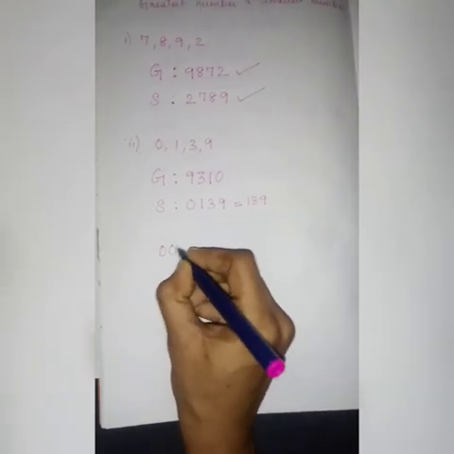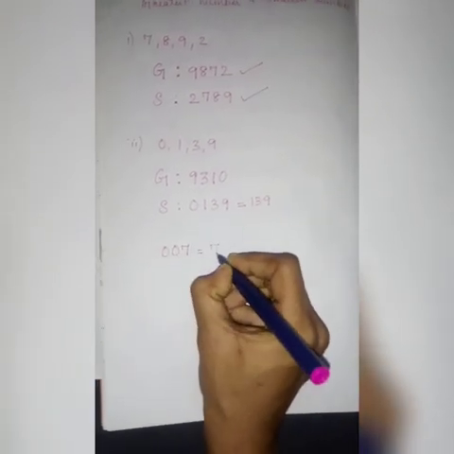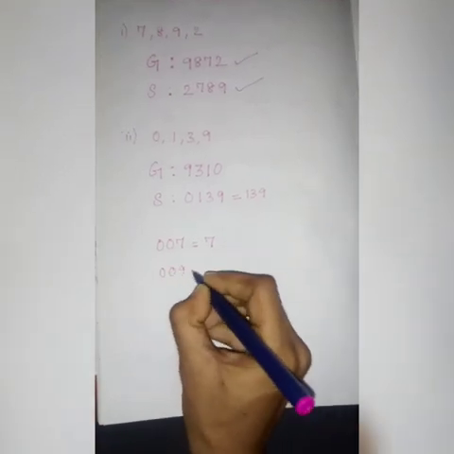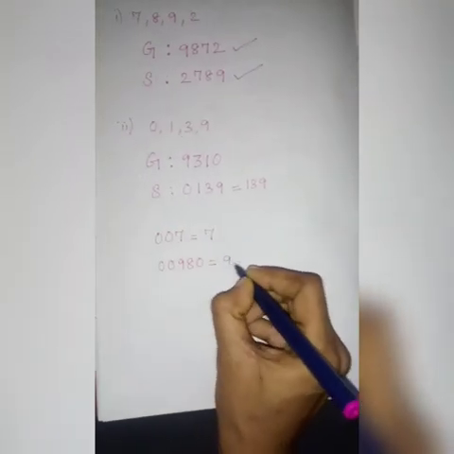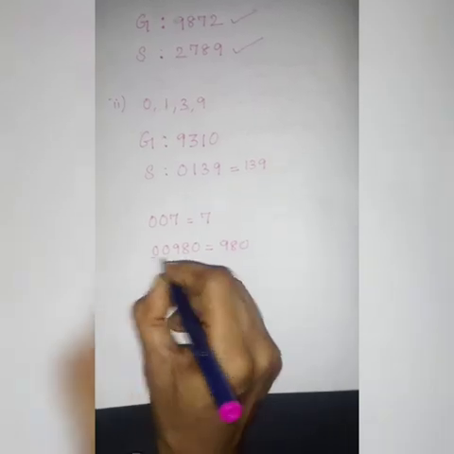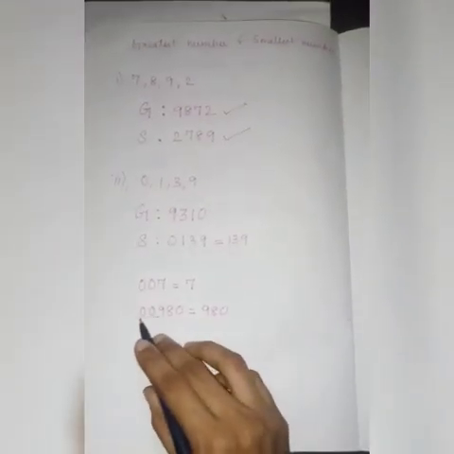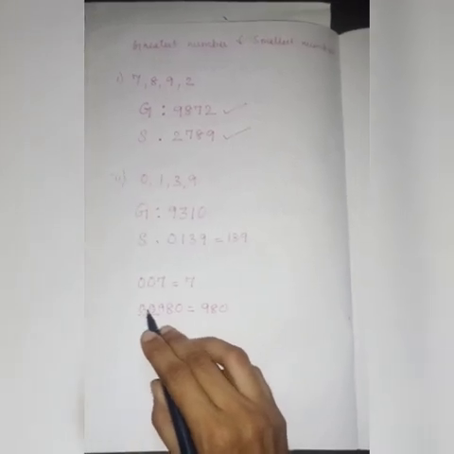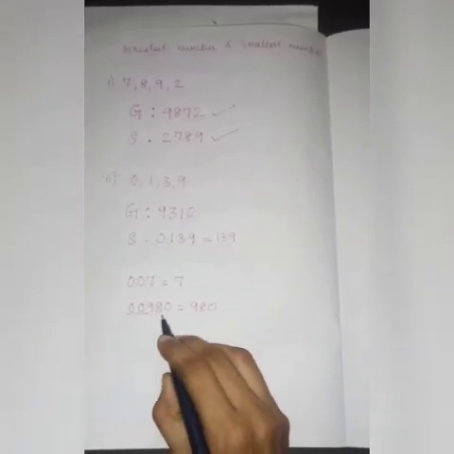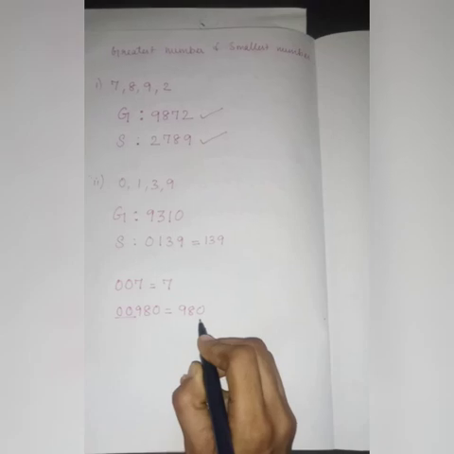Likewise, you can write 007 as 7, and 00980 as 980. Because the zeros are on the left side only, they are meaningless. That's why I am not considering these two zeros. So 00980 denotes 980. Understood, children?